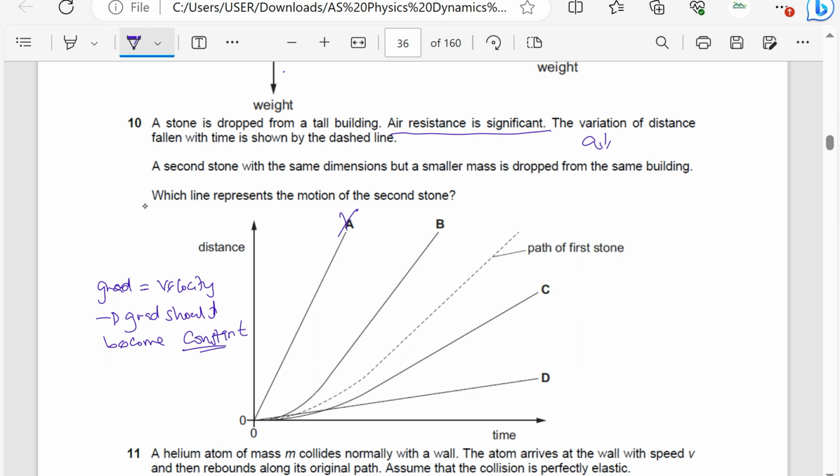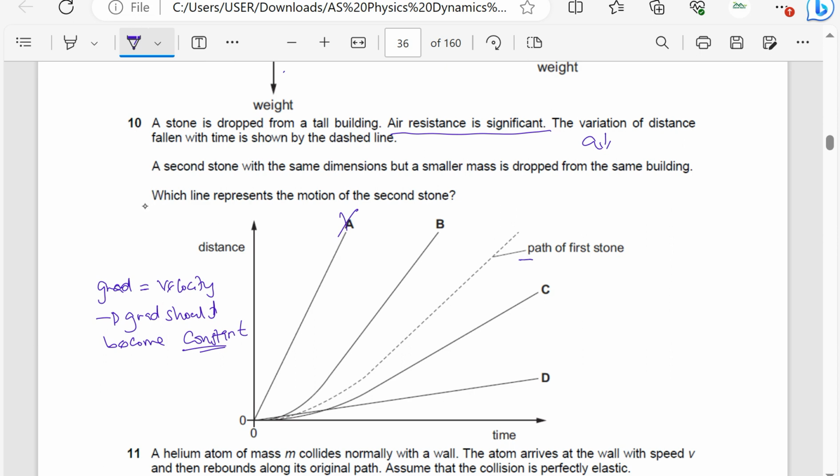Sorry, the velocity is initially zero because the gradient is initially zero. Then all of a sudden the gradient increases, which means the velocity increases and becomes constant.